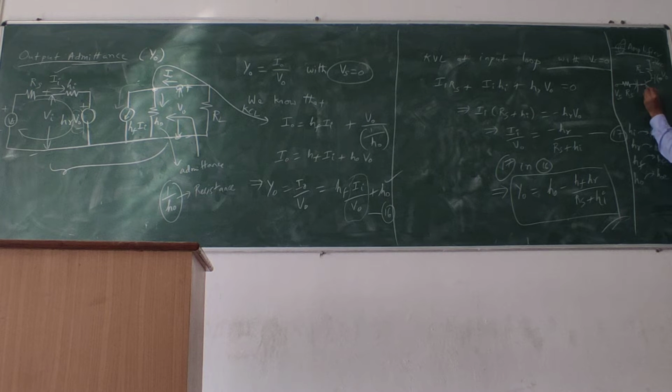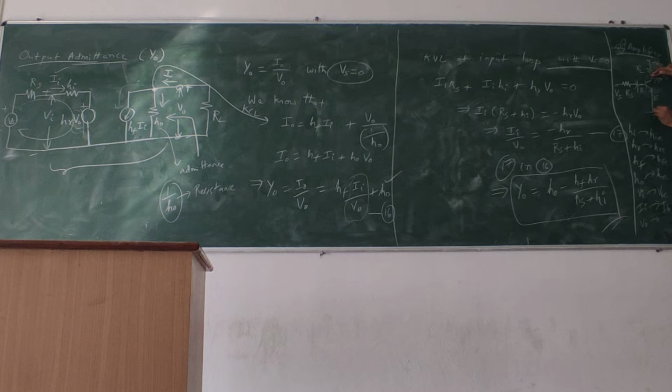This is emitter, this is base, this is collector. Okay. So in place of VI, you can take VBE. Right? Next, in case of II, what can we take? Anybody? IB, base current. Okay. Next, in case of V0, what can we take?